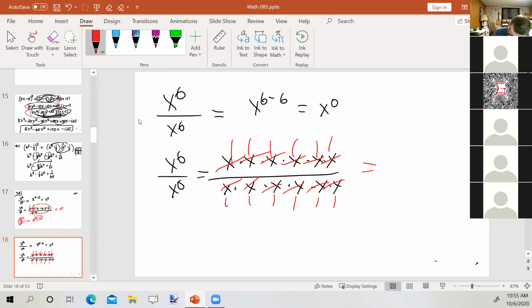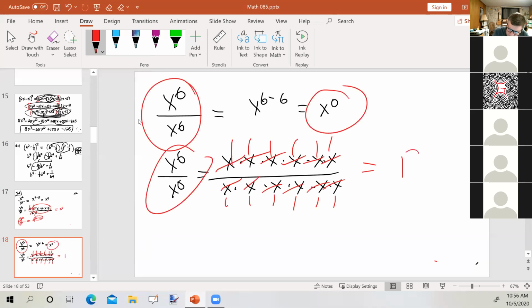Three hours later, we get 1. Well, if x to the 6th divided by x to the 6th equals x to the 0 power, but it also equals 1, that means that x to the 0 power equals 1. So that's another rule. We have a base to the 0 power equals 1, other than 0 to the 0 power, and we don't generally deal with that.